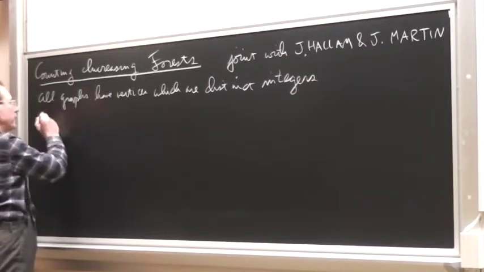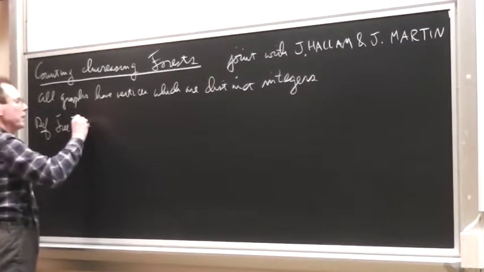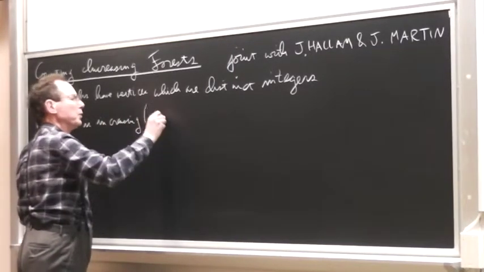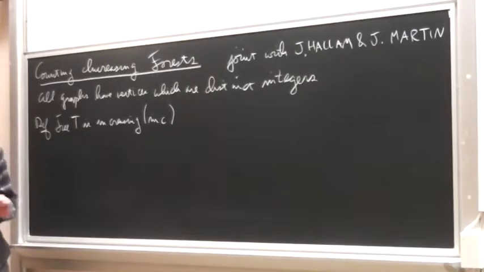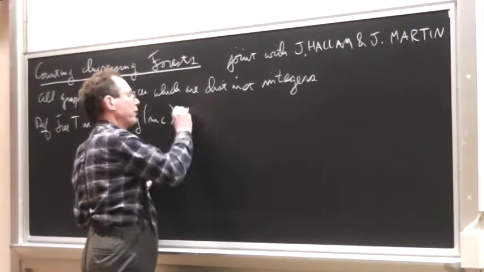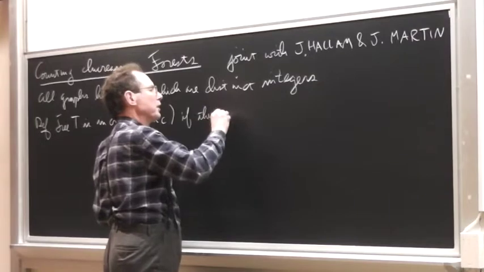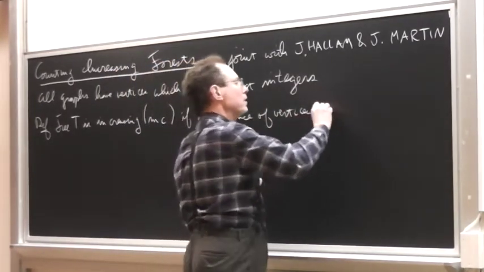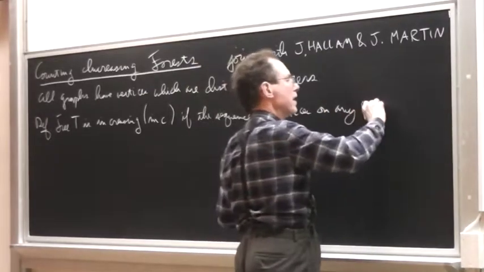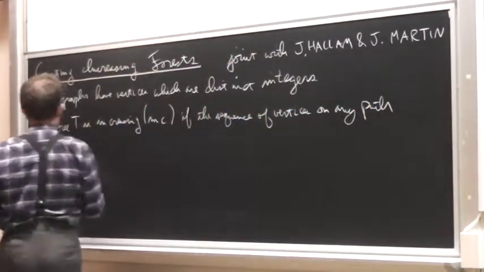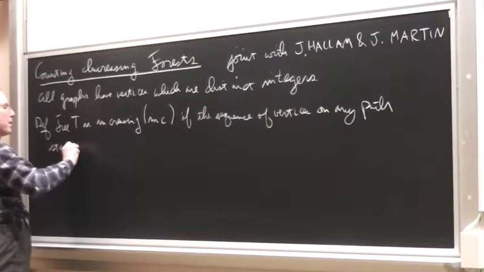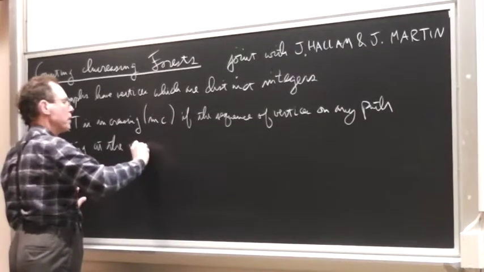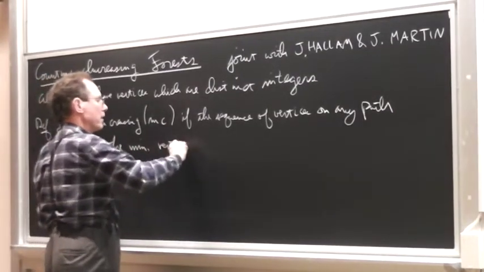So a tree T is increasing, and for that I'm going to use the abbreviation just INC, if the sequence of vertices on any path which starts at the minimum vertex is increasing.